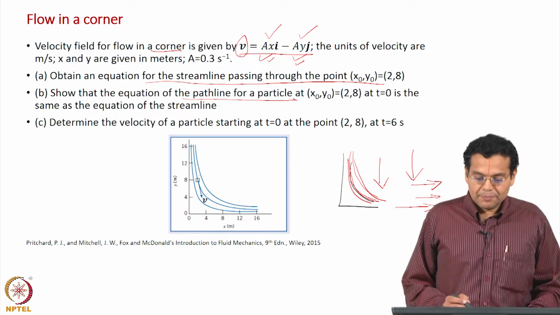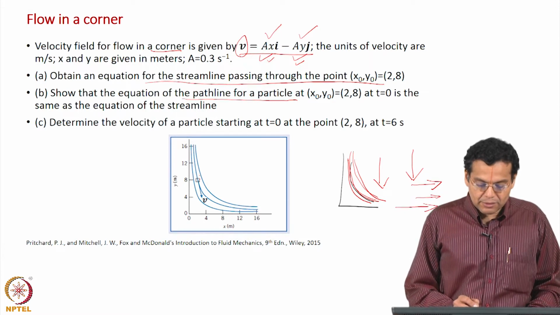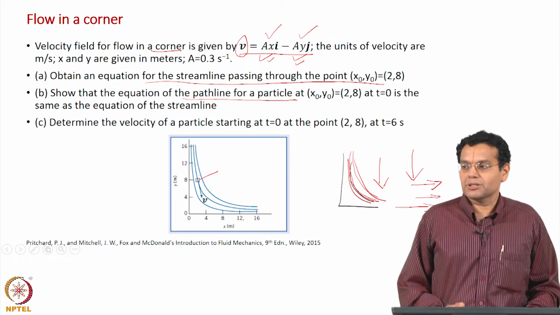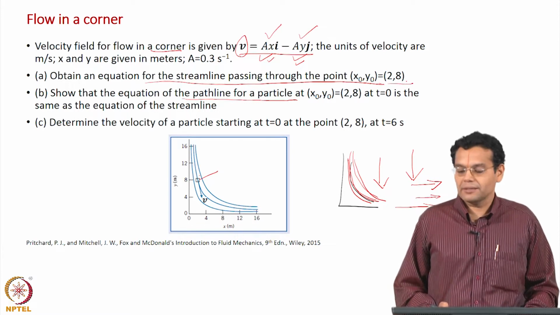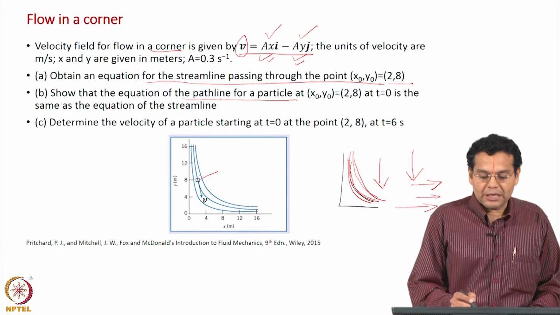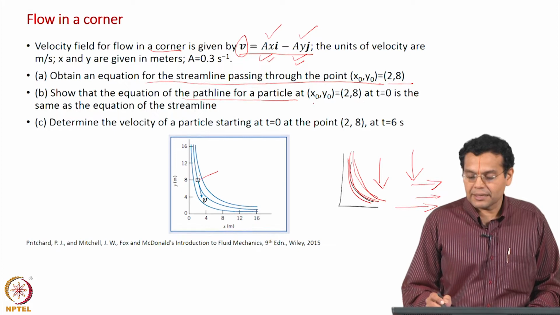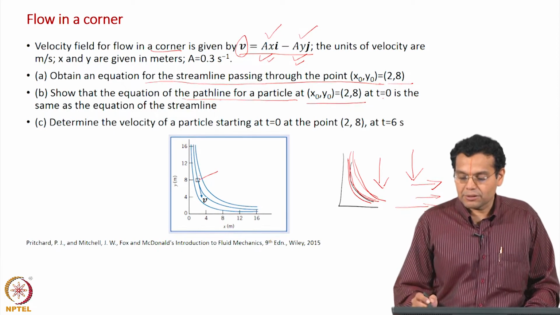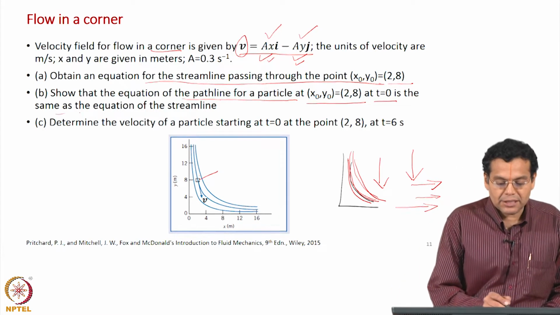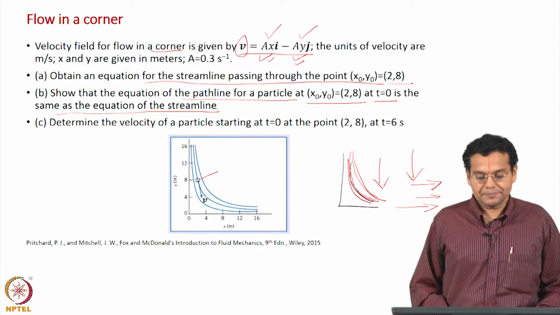The path line for a particle at this location at time t equal to 0 will coincide with the streamline passing through 2, 8. So we are asked to show that the equation of the path line for a particle at x0, y0 equal to 2, 8 at t equal to 0 is the same as the equation of the streamline.